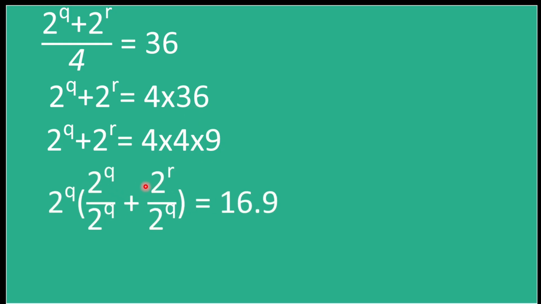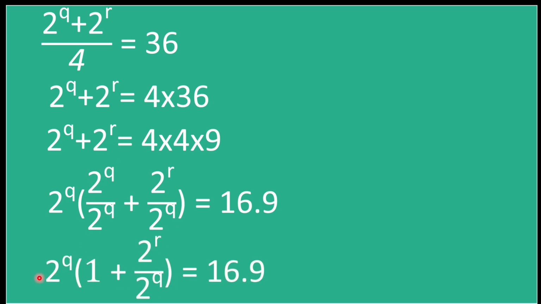Now we will divide and multiply this equation by 2^q on both sides like previously, but here I have written this 2^q directly under both terms. So this 2^q will cancel this 2^q, so that our equation will become 2^q into (1 + 2^r/2^q) equals 4 into 4, which is 16, so 16 into 9.